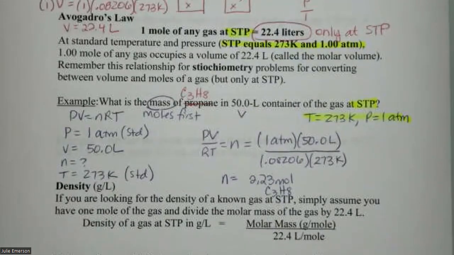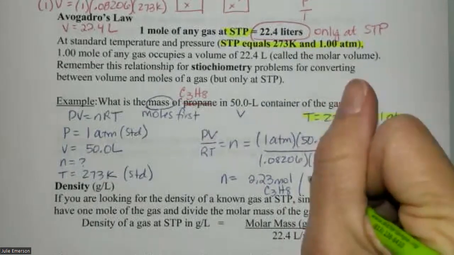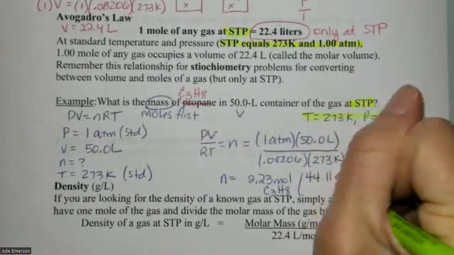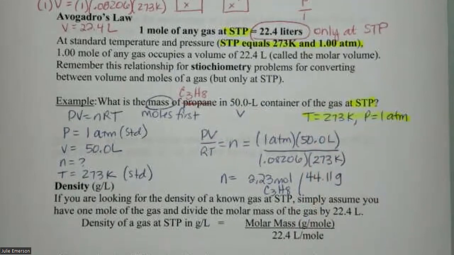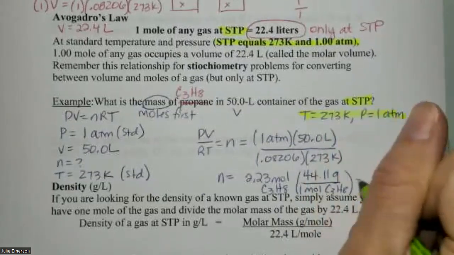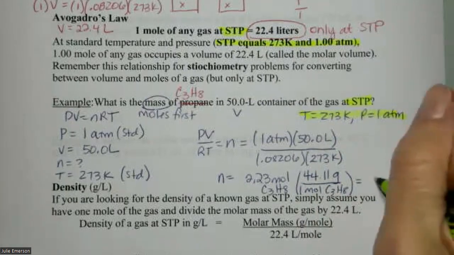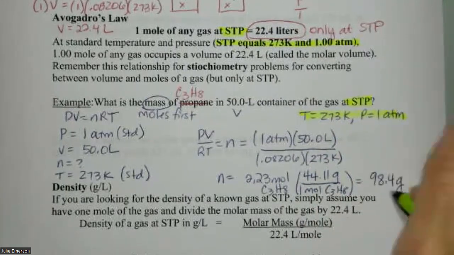We saw this before with the nitrogen. You have to multiply by the molar mass. If I add up 3 carbons and 8 hydrogens, I get 44.11. Yep, that's right. That's the molar mass of C3H8. Multiplying the molar mass times the 2.23 moles, keeping 3 sig figs, I have 98.4 grams of the C3H8 in that 50 liter container sample at STP.